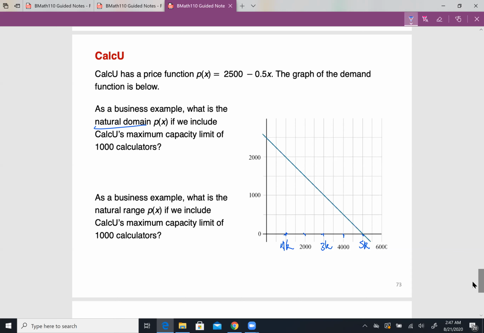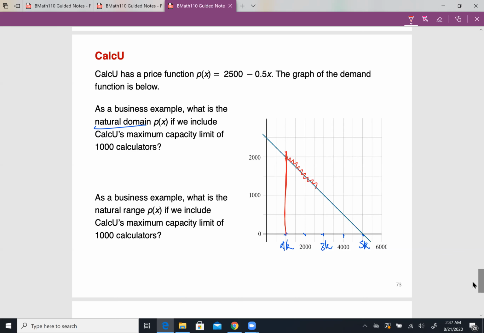That means I'm just going to include this part, and I don't care about this at all, right? I don't need that at all.